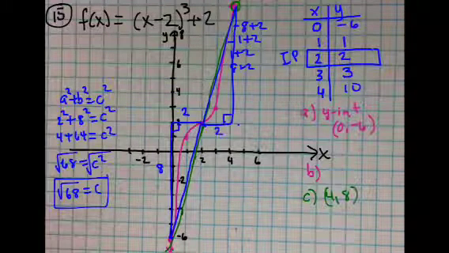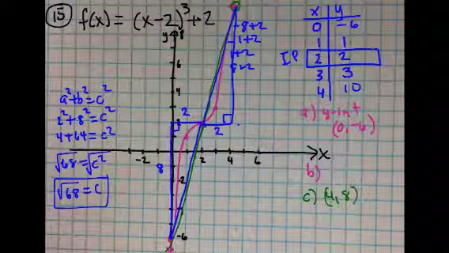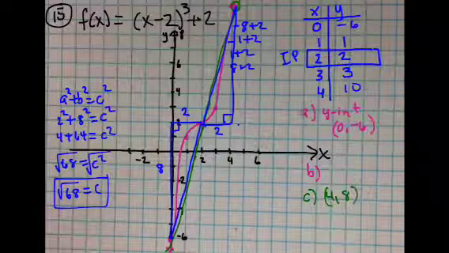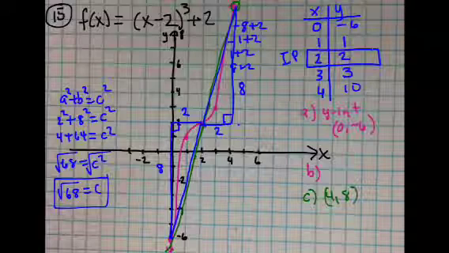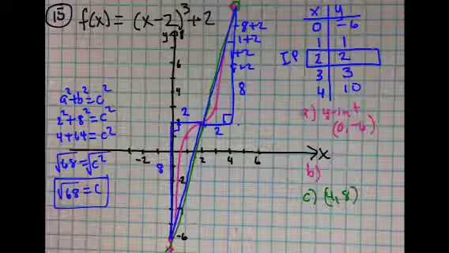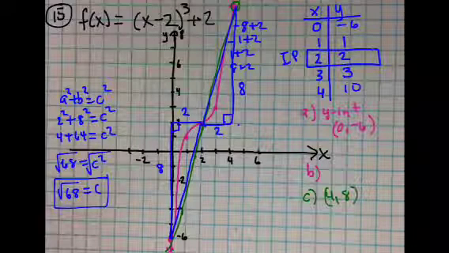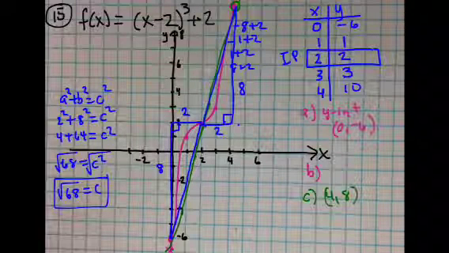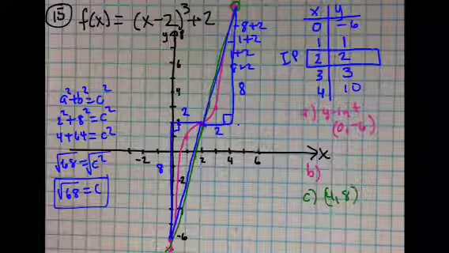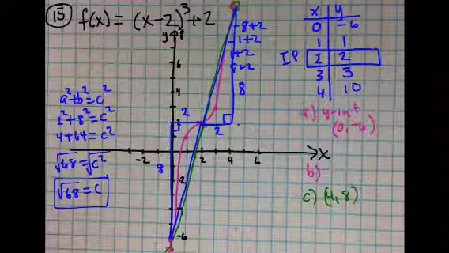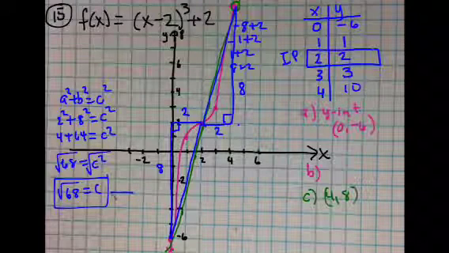This is 2 units long, and this, if you count the squares from 2 to 10, that's 8 units. Notice how it's the same numbers, 2 and 8. So doesn't that tell us that it's the same distance? Okay, so I don't have to go through the work. It's the same work as I have right here on this side. So I notice that both sides are going to give me the square root of 68.